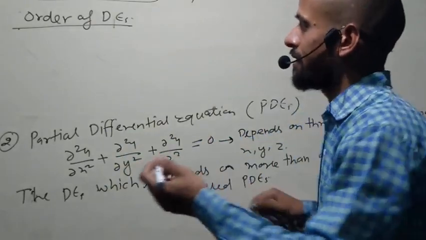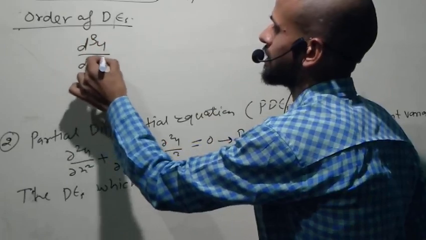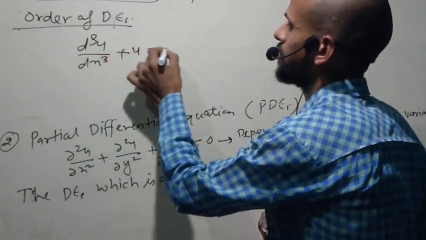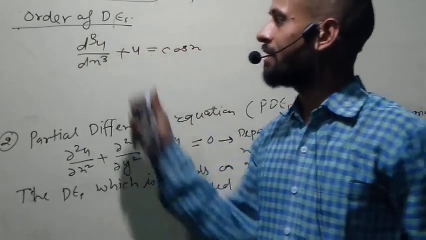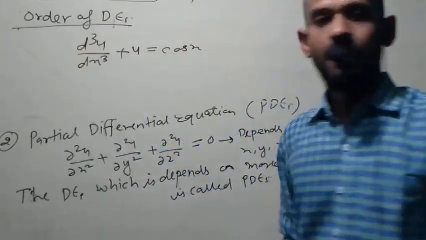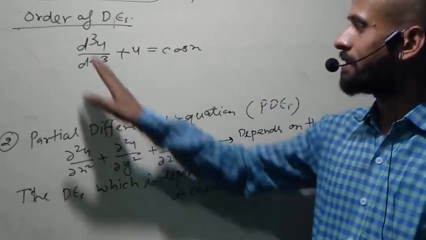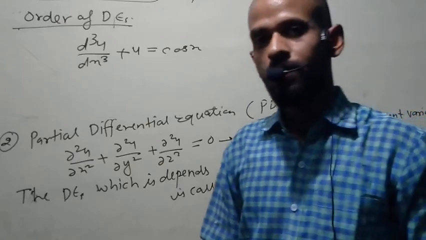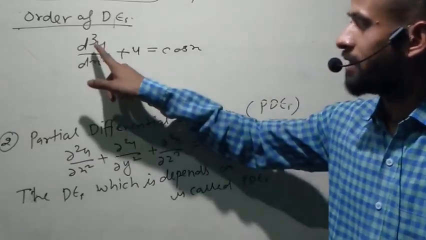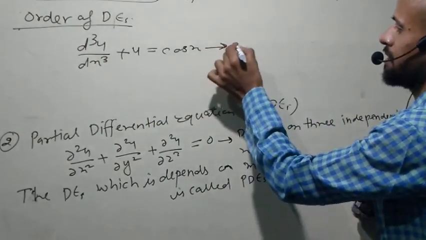So let us consider an example: d3u by dx cube plus u is equal to cos x. In this differential equation the maximum order that appears is 3. There is a third derivative of u. So the order of this differential equation is 3.